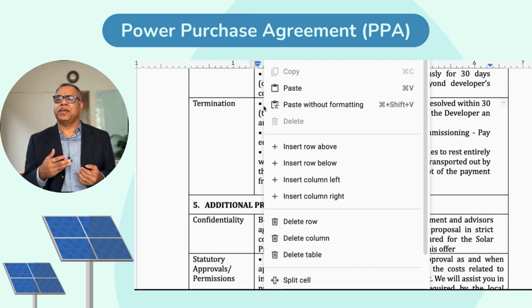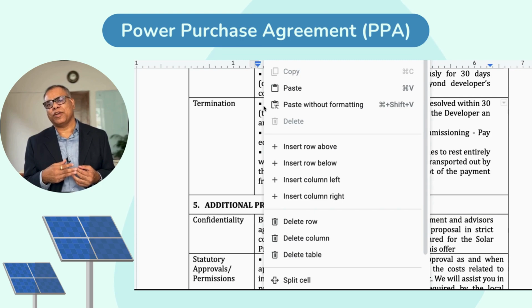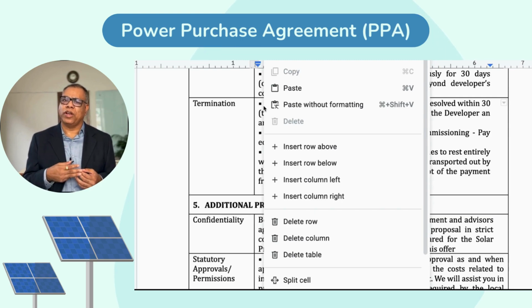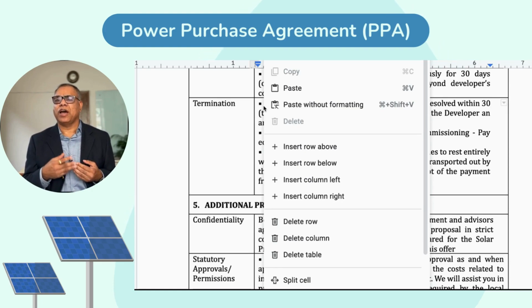Every agreement has a termination clause. So the termination clause of a solar power purchase agreement also plays a very important role. You can do the premature termination of the PPA. Otherwise, the PPA is naturally terminated at the end of the useful life or PPA tenure.